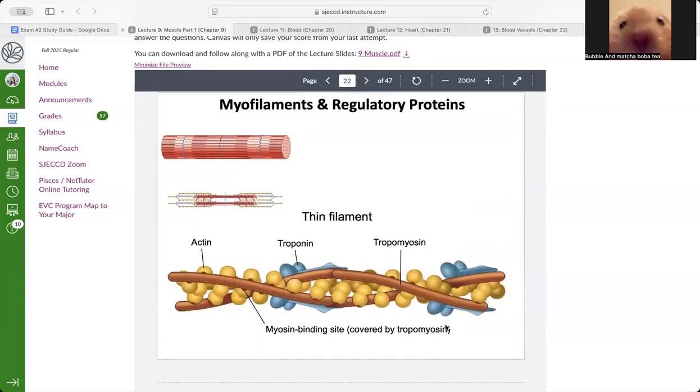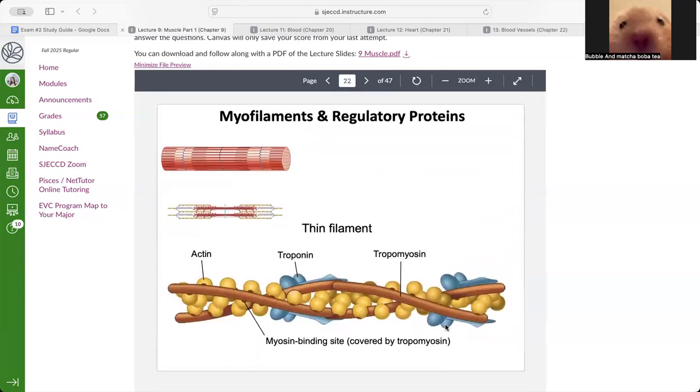Okay, let's go over the two. Tropomyosin is this long little thing right here. Troponin is this right here. Tropomyosin is the long thin strand that covers the binding sites on actin. When you don't want to contract your muscle anymore, it covers them up.